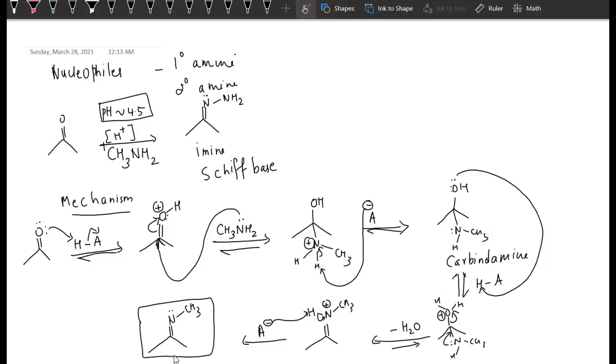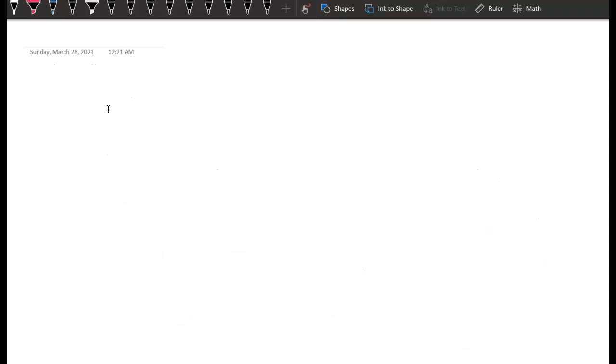Okay, now for your practice, what you can do is take another amine and another ketone molecule. Say for example I use this, and then ask you to complete the product. C2H5NH2 is my amine, in the presence of acid.